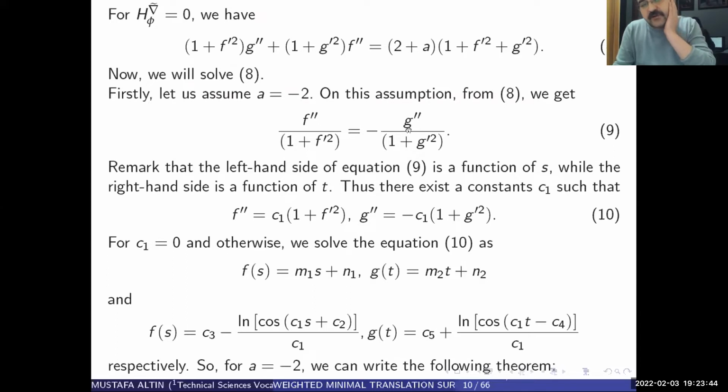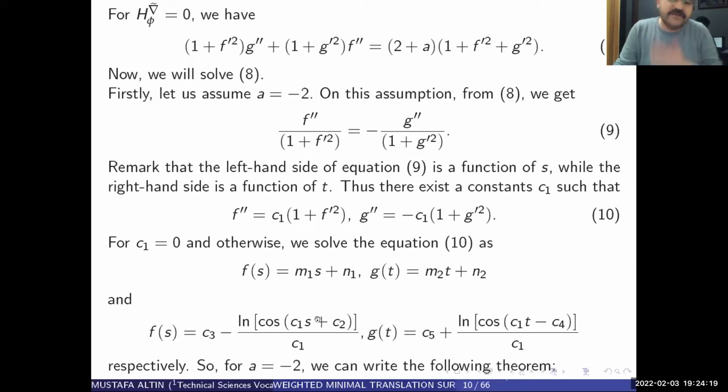Does there exist a constant C1 such that the second derivative of f satisfies this equation and the second derivative of c is here? For C1 equal to 0, we solve equation 10 like this, and for C1 not equal to 0, like this.